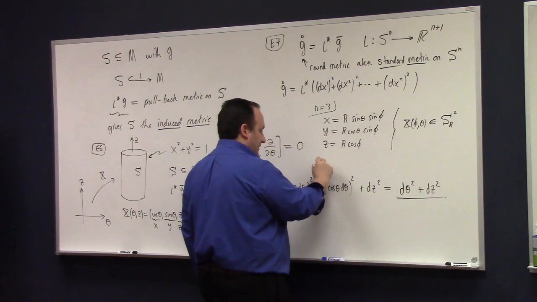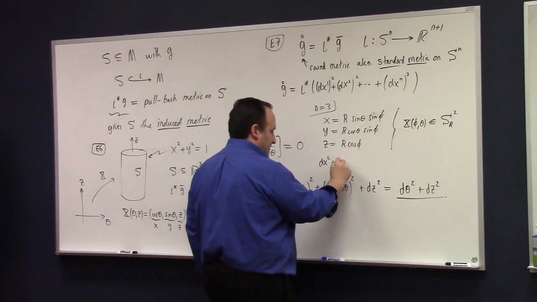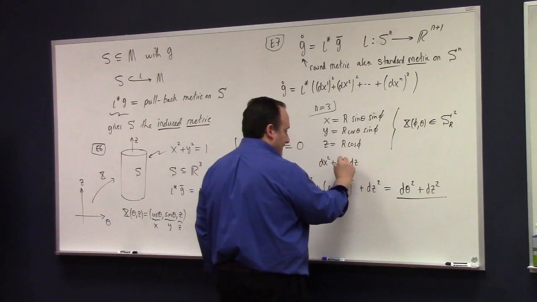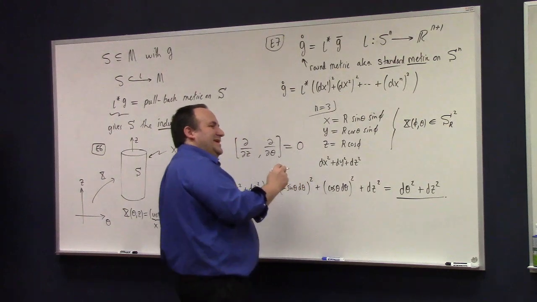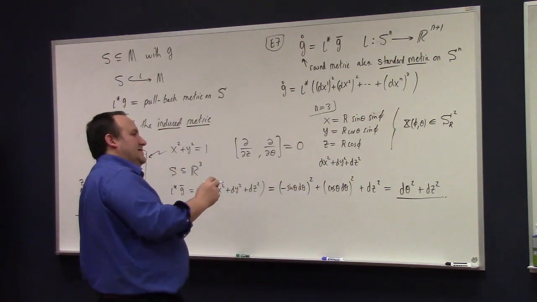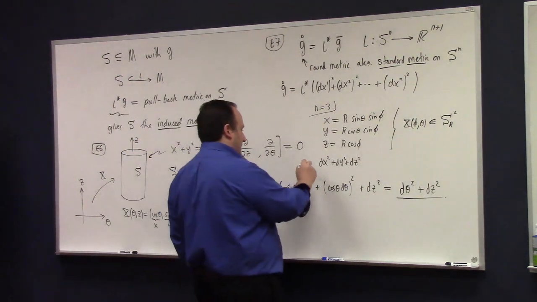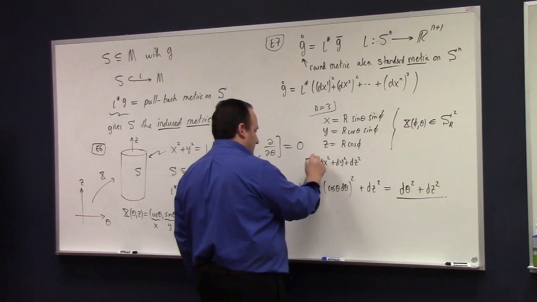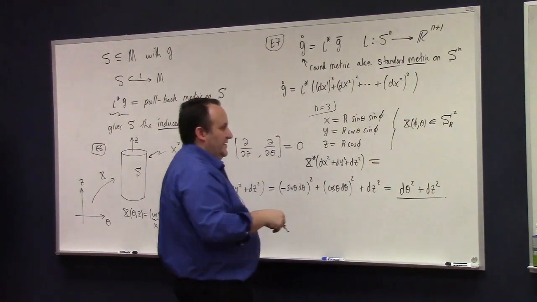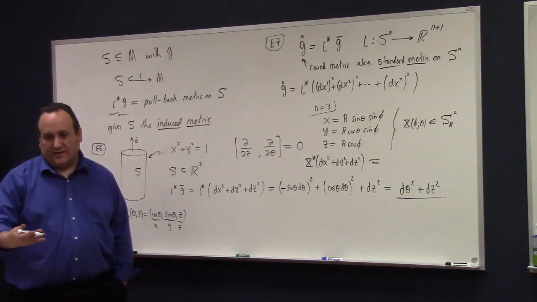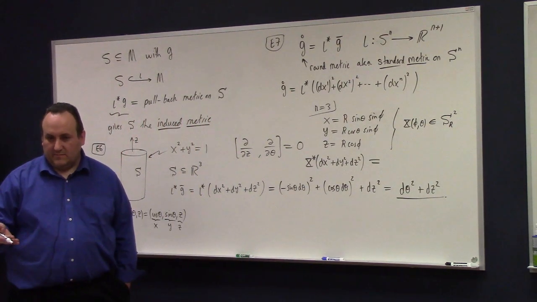And if you were to calculate dx squared plus dy squared plus dz squared, pull back under my parameterization map, that would give me a formula for the round metric on the two sphere of radius r.